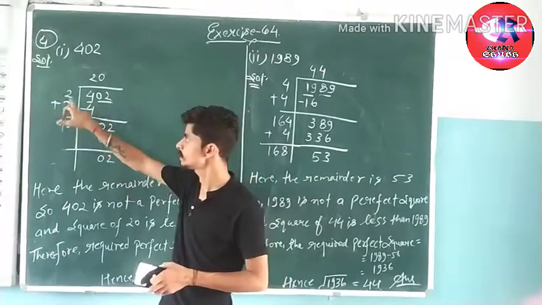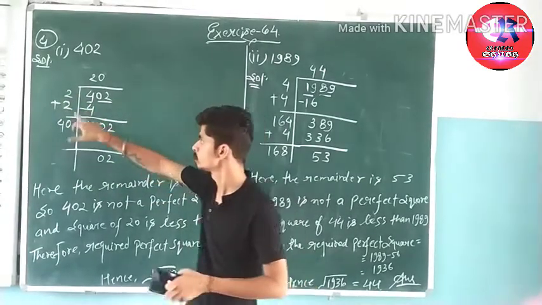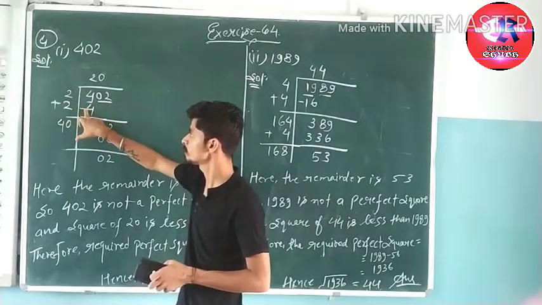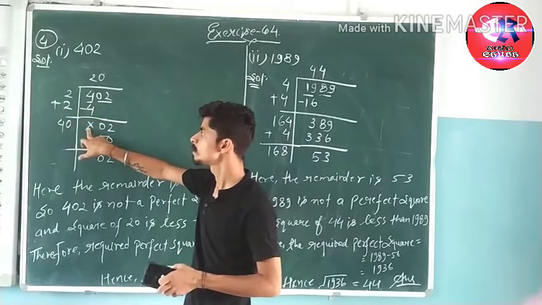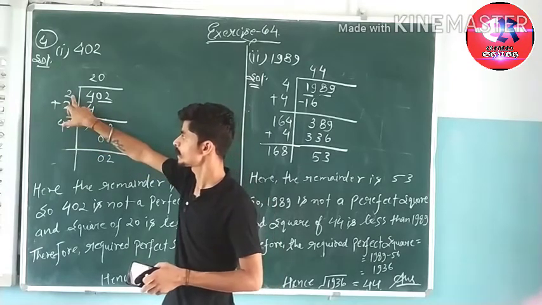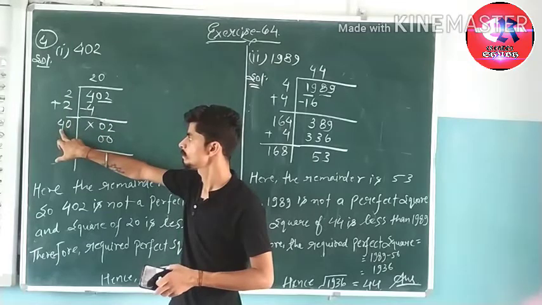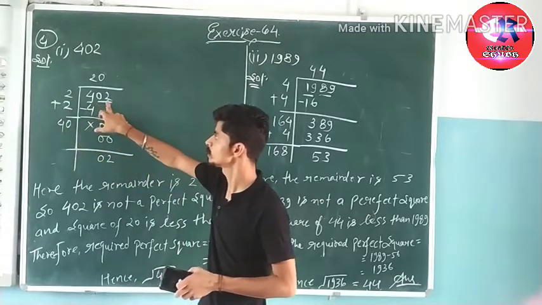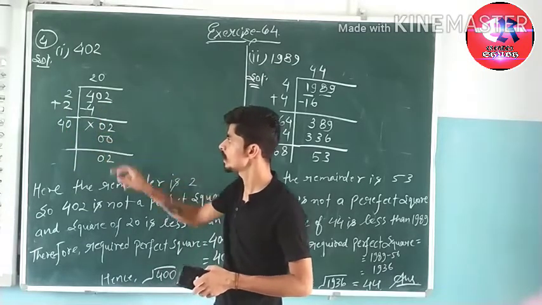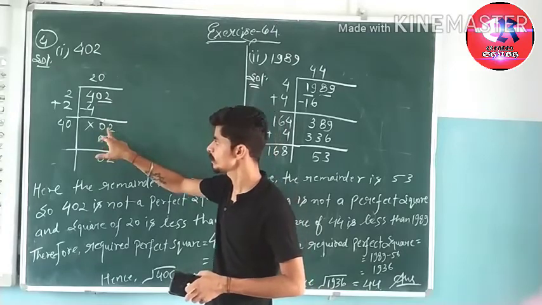The square of 2 is 4, so 2 twos are 4. Now 4 subtracted from 4 becomes 0. Now we have taken 2, so 2 plus 2 becomes 4 here. Now the remaining 02 comes down here.